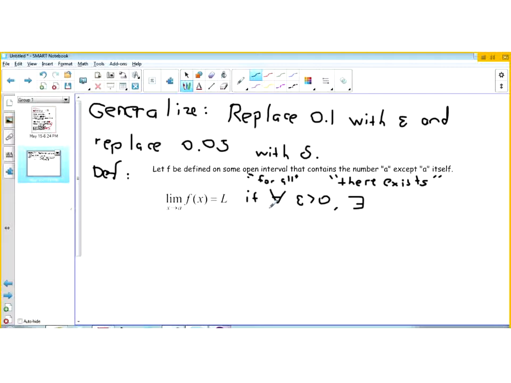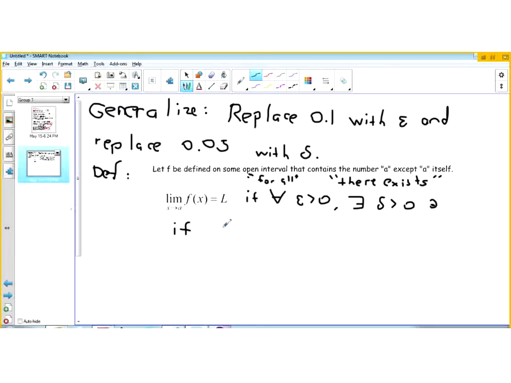All right, so the limit as x approaches a of f of x is equal to L if, for all epsilon greater than 0, there exists a delta greater than 0. Okay. All right. Now, the backwards epsilon means such that. Okay.